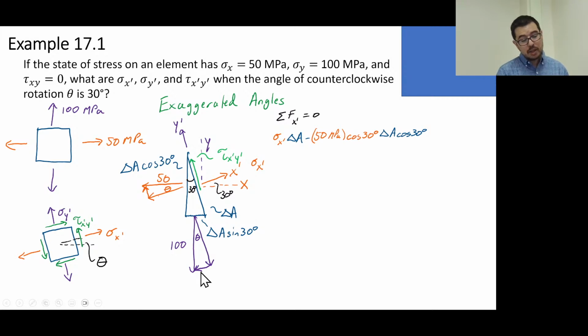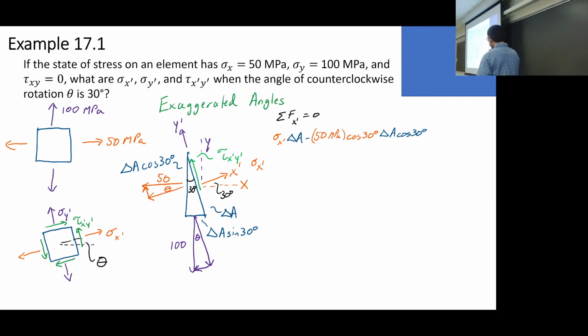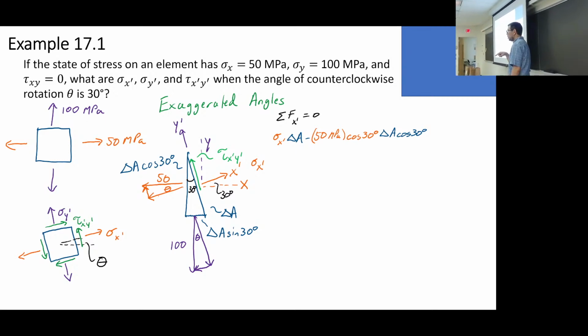Is this one aligned with x prime? Yes. Is it contributing in the positive x prime direction or the minus x prime direction? And that is why you have to do vector addition first. Yes, I draw the arrow down to the left for that particular 100 megapascal hypotenuse.